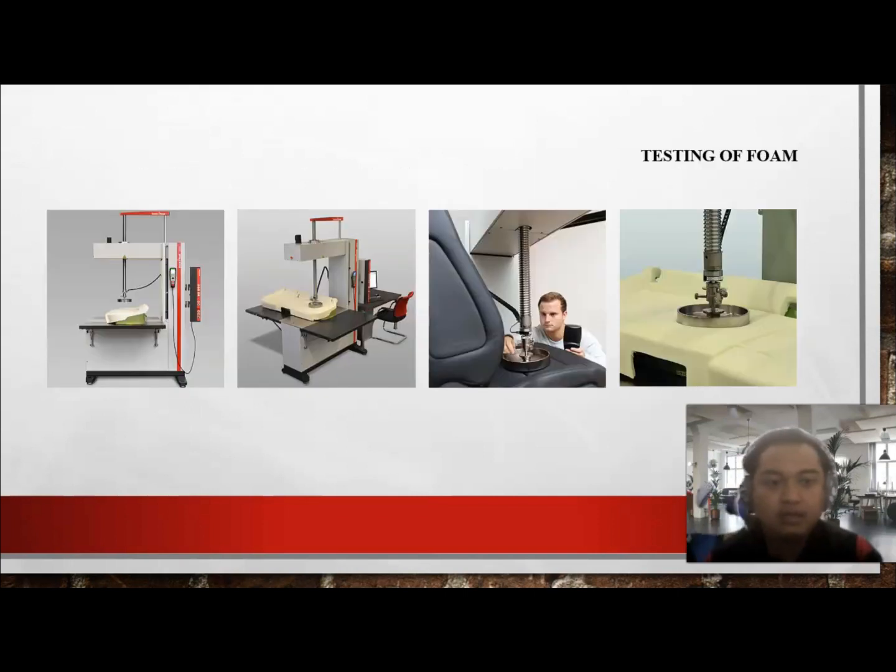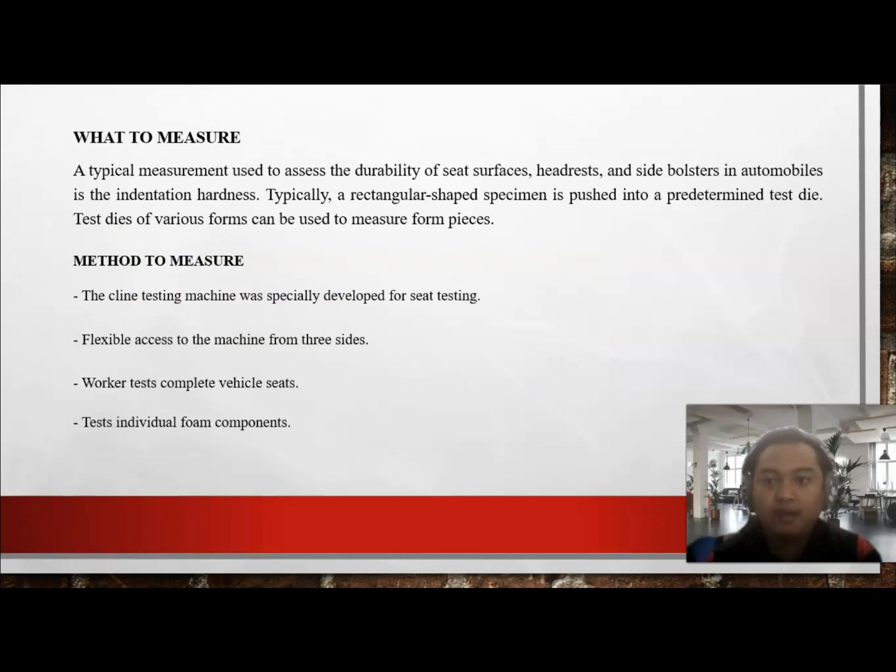Okay, the third is testing of foam. The typical measure used to assess the durability of seat surface, headrest and side bolster in automobiles is the indentation hardness. Typically, a rectangular shaped specimen is put into a predetermined test die.